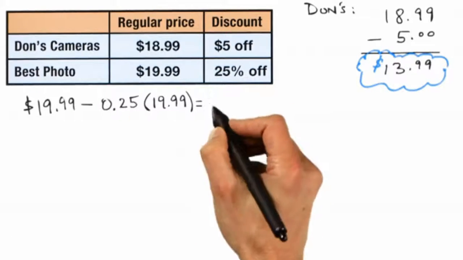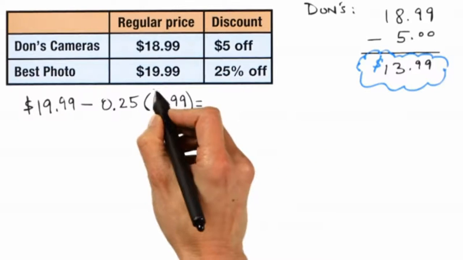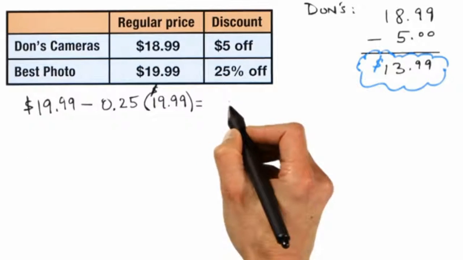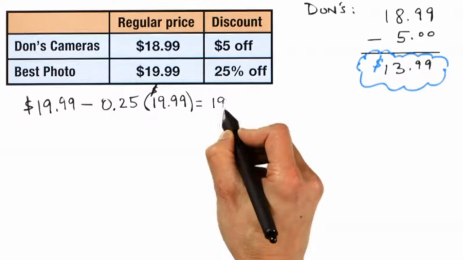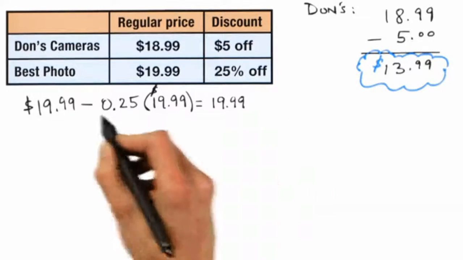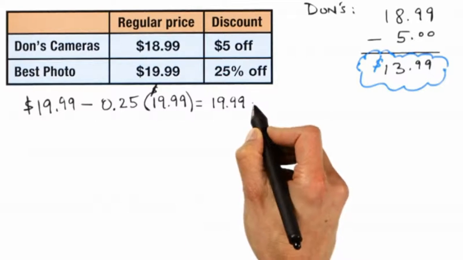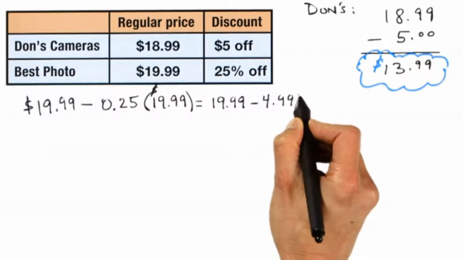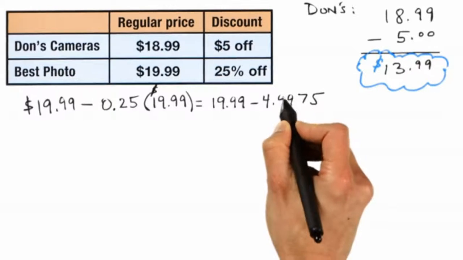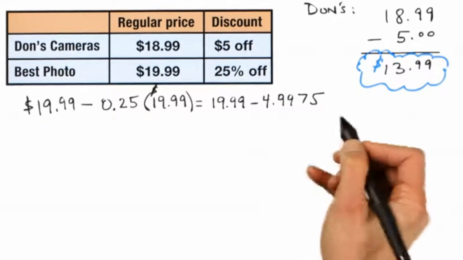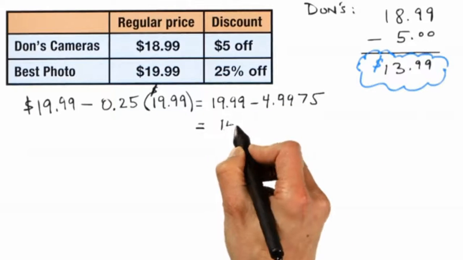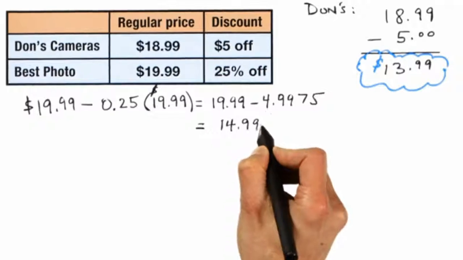Okay, so what does this work out to be? Well, you could actually work this out in tremendous detail. So if you work this out in tremendous detail, just dropping the dollars for a moment, we see 19.99, that's the easy one. But if you actually work this out, you see minus 4.9975, which sounds to me a lot like 5, doesn't it? But anyway, if you actually subtract this, look at this difference, you see 14.9925.